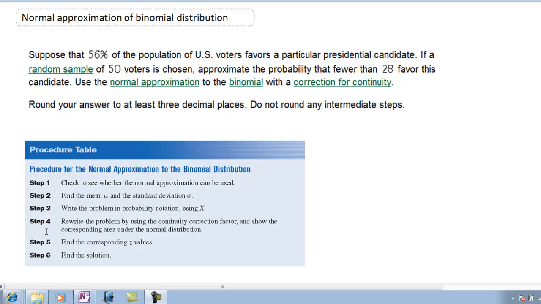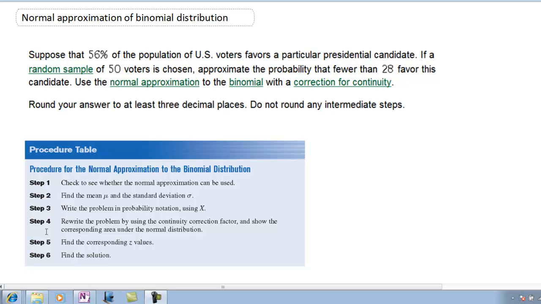As p or q pushes to either extreme, gets closer to 0 or 1, the distribution can be skewed for smaller sample sizes. So to check whether a normal approximation can be used, make sure that n times p and n times q are both greater than or equal to 5.